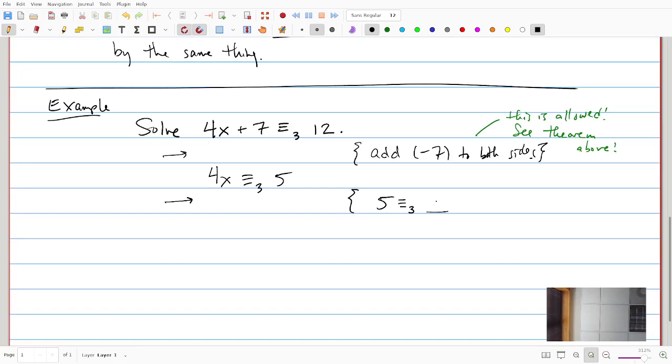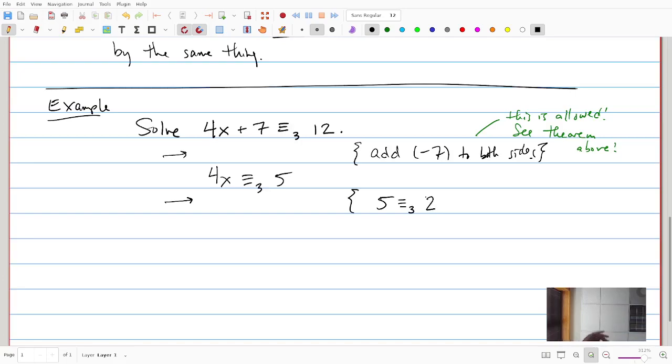Yeah, I agree. 5 has a remainder of 2 when you divide by 3, or it is 2 more than a multiple of 3. So that's equivalent to 2. I mean, there's lots of things that it's equivalent to, right? It's also equivalent to 8, or to 11, or to -1. But 2 is probably the simplest thing we could say.